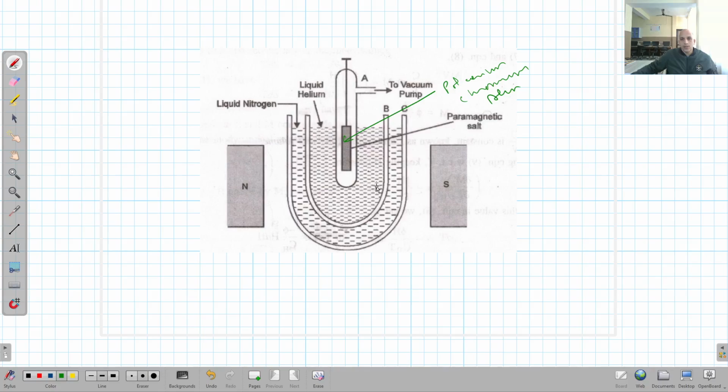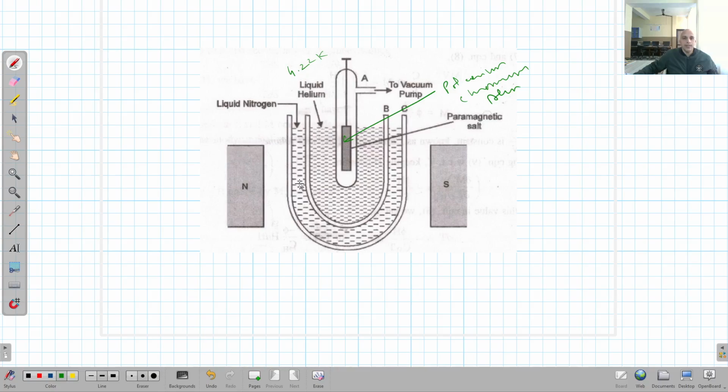Clear? Now this is B. B is a Dewar vessel. Clear? Dewar vessel, again, I have told you, it is a kind of thermally insulating vessel. You can say thermal flask. Clear? That is insulating this from this. And it contains liquid helium. Liquid helium means the temperature is around 4.22 Kelvin here.